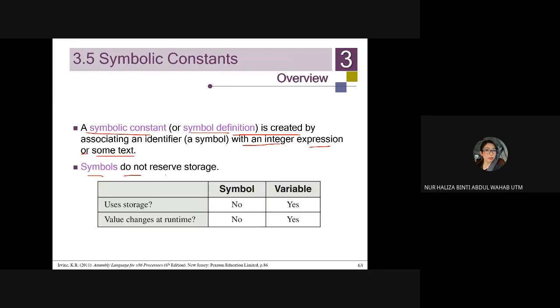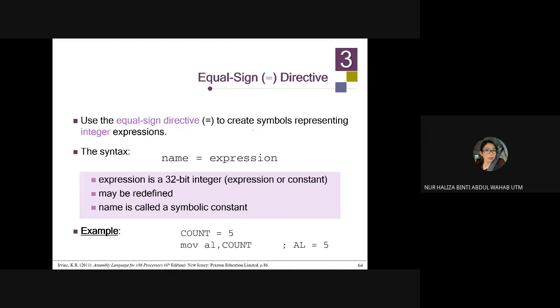Symbols do not reserve storage. Does a symbol use storage? No. Does the value change at runtime? No. So your symbol does not affect your storage and also any changes in runtime. Only variables can be stored in your storage and also changed at runtime.